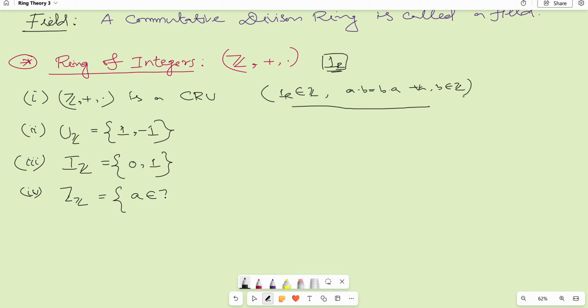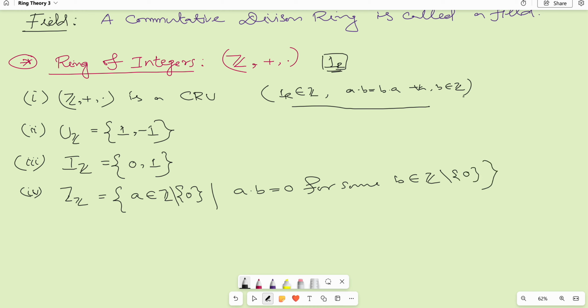A inside Z such that A is non-zero, A inside Z minus 0, such that A dot B equals 0 for some B inside Z minus 0, right?